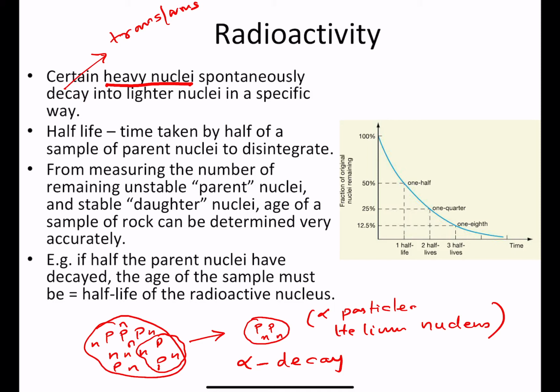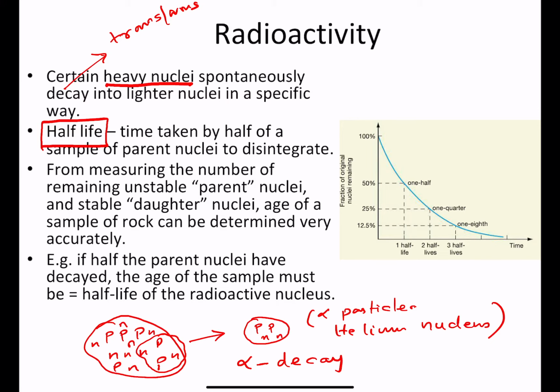Now, this happens at a very specific rate, and the rate is determined by a number called the half-life. We are not going to get into the details of the half-life very much, but if you happen to know the half-life of the decay of a particular element, then you can figure out how much of that element is going to decay in any amount of time, like in 1,000 years or in 5,000 years.